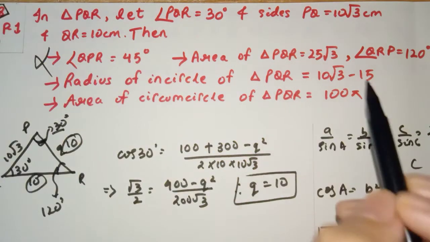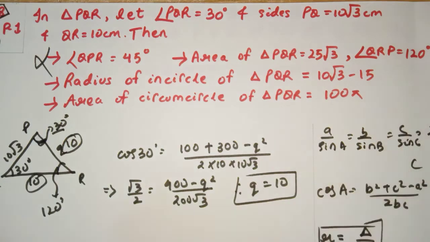Now area of triangle PQR. So how to find area? There are many formulas for area. You can use Heron's formula. You can find s minus a, s minus b, s minus c, then calculate the root. We can use Heron's formula here, but it would be lengthier.